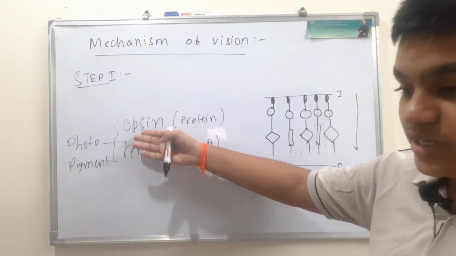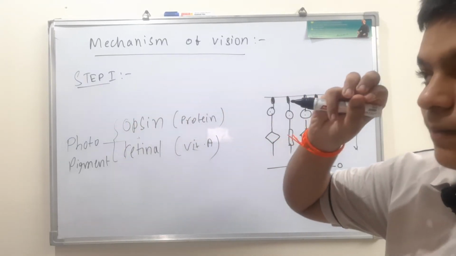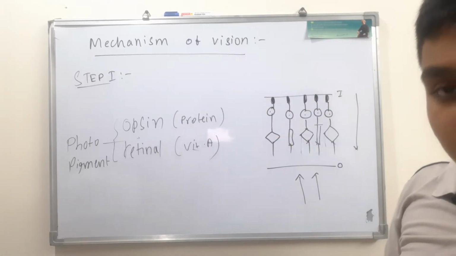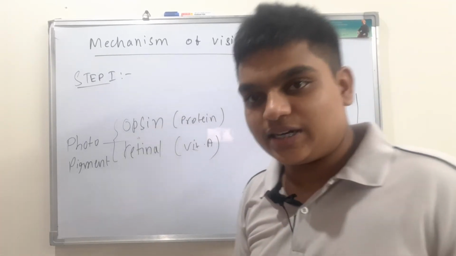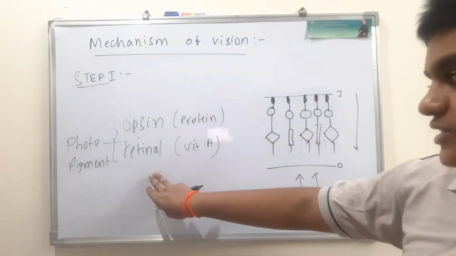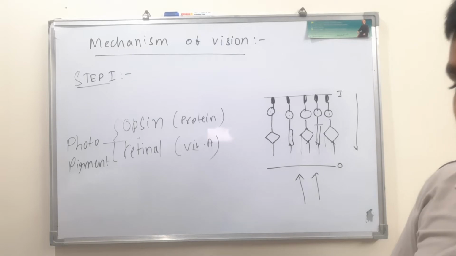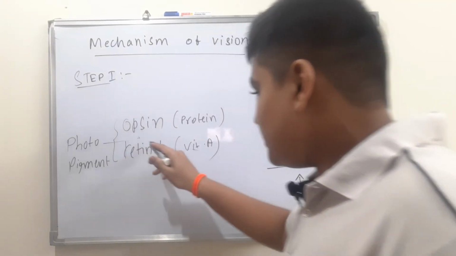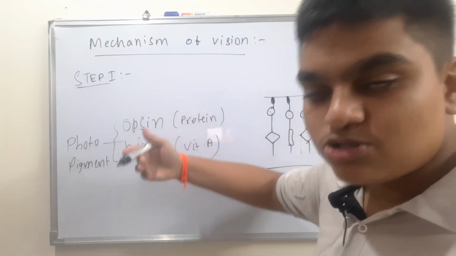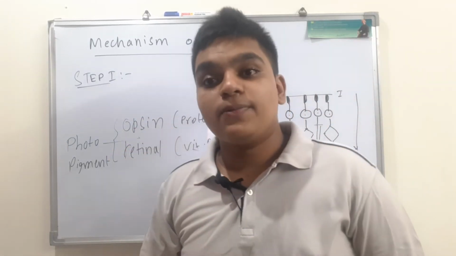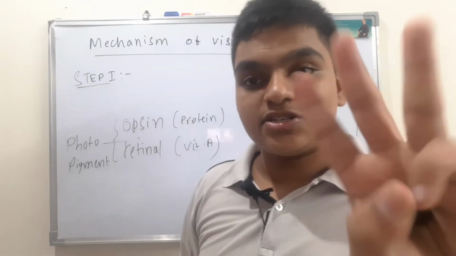Due to these changes, a potential difference is generated, as we have seen with how nerve impulses are transmitted. This potential difference is generated in the photoreceptor cells only, because of this dissociation. That is your third step.